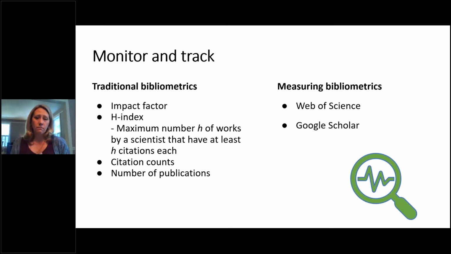So traditional things that we might want to track are impact factor, H-index, citation counts, and number of publications. These are all important, particularly if you are in the sciences. Your H-index might be really important. I was going to show you how to do that in Web of Science, but instead I'll send some instructions. And another place that you can track some of your bibliometrics is in Google Scholar. Next slide, please.